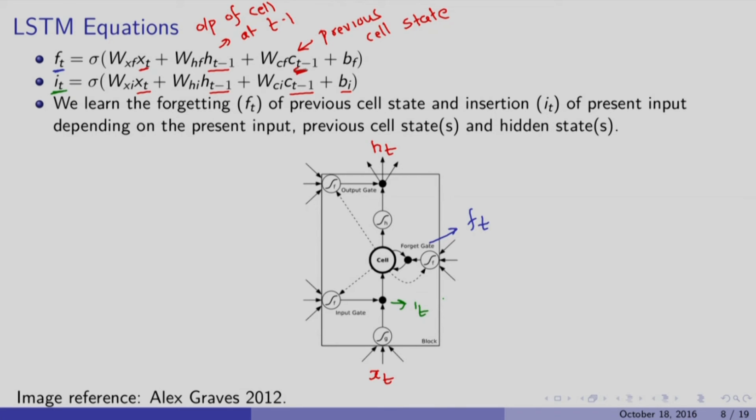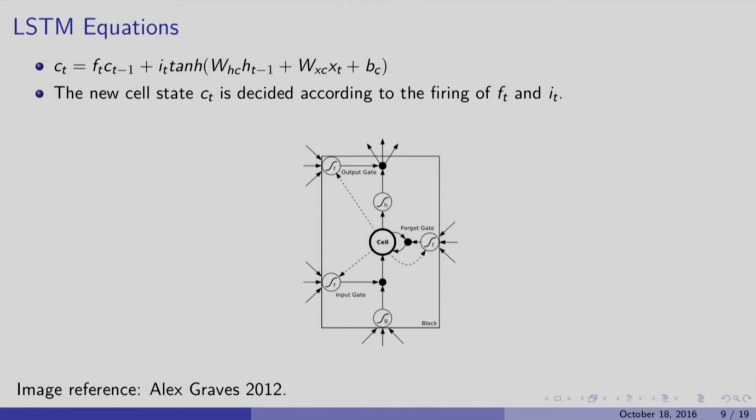So we learn the forgetting of previous cell state and insertion of present input depending on the present input, previous cell states and hidden states. Note that ht is the hidden state and also the output at time t. What about the cell state itself? Well, the cell state depends on the cell state at the previous time instance and with a tanh activation unit on the hidden state at previous time instance, the current input and an offset.